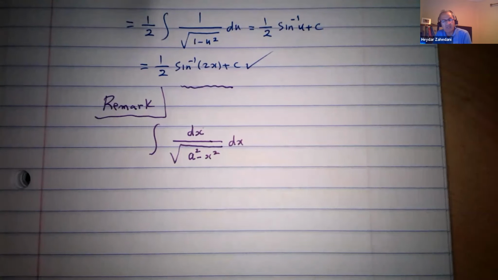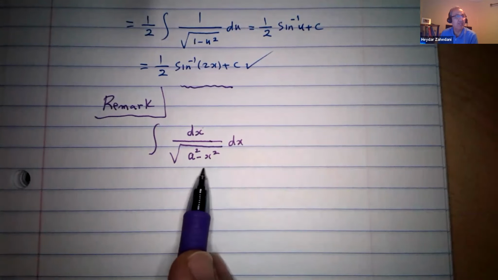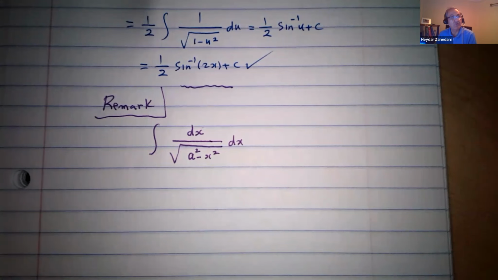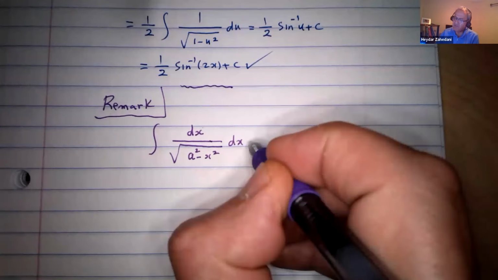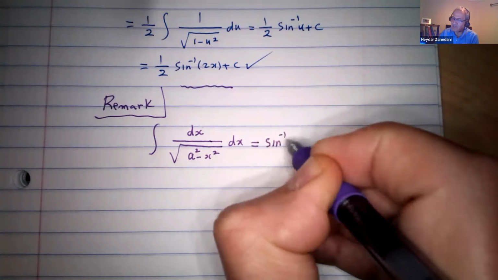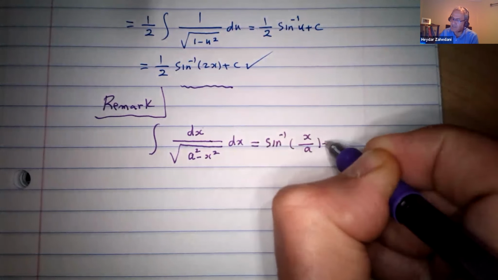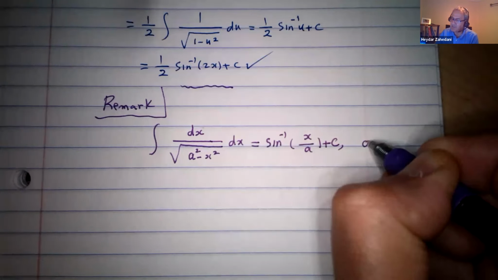If you have the a squared, you can factor out the a squared, and when you factor it out, that would be x squared over a squared. So your u would be x over a. And this integral eventually is going to be equal to the sine inverse of x over a plus the constant c. But this a must be a positive number.